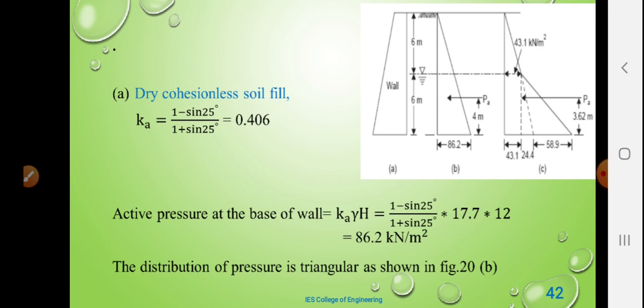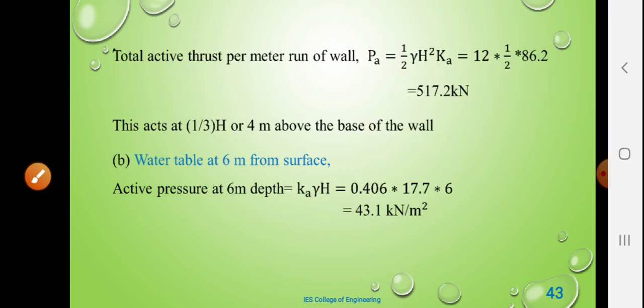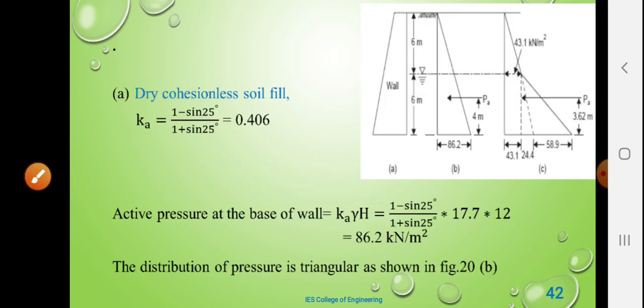The pressure distribution diagram is like this, and Pa equal to 1 by 2 Ka gamma h square, that means 5172.2 kN. So, this acts at h by 3 distance above the base of the wall, that means 12 by 3, that means 4 meter.